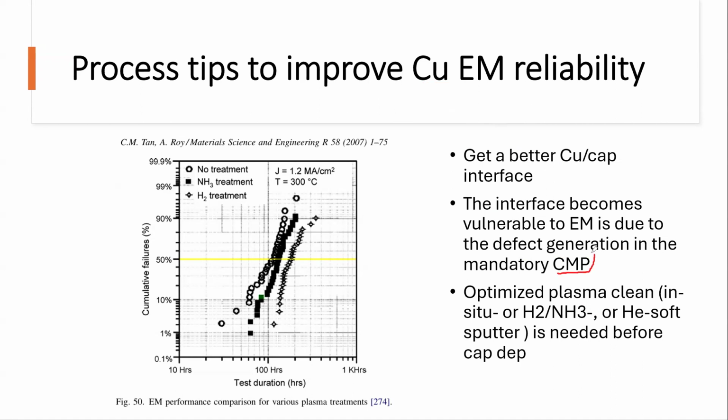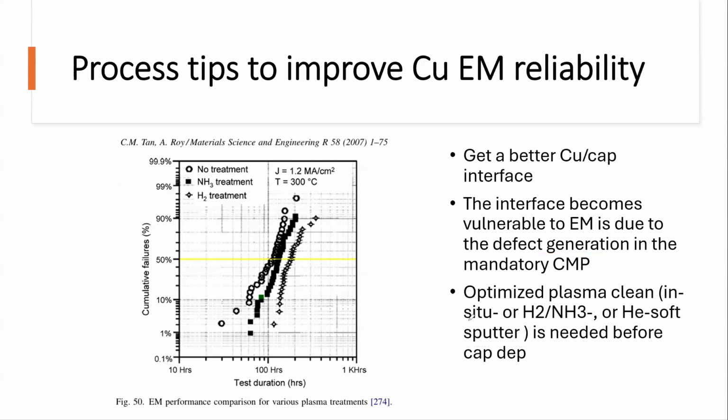But if you don't polish properly, defects will be formed after CMP, and if you don't plasma clean properly, then you're doomed. I mean, not doomed, you will be very susceptible to electromigration. So the interface is very critical, especially some defect forms. And you can see that with different treatments, they're very different.